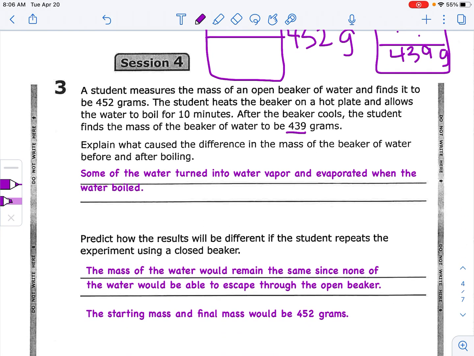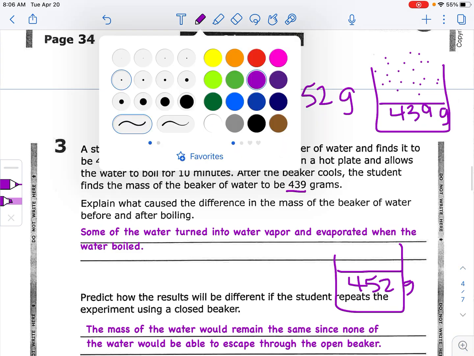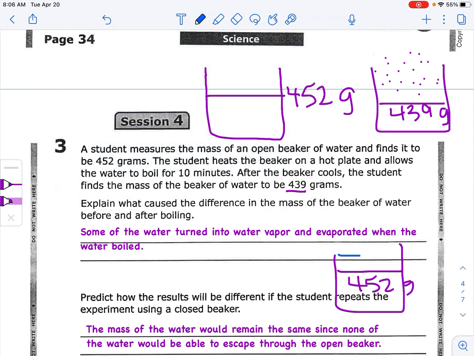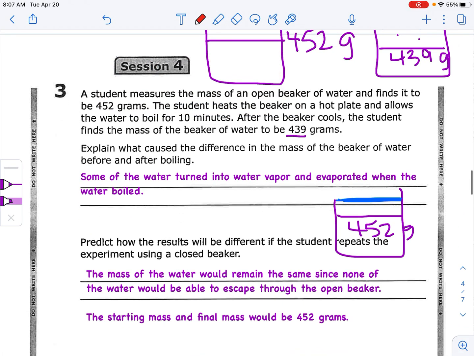Predict how the results will be different if the student repeats the experiment using a closed beaker. All right, so we have this same beaker, 452 grams, except this time we're going to put a lid on it. They are still going to put that on a hot plate and boil it for 10 minutes.